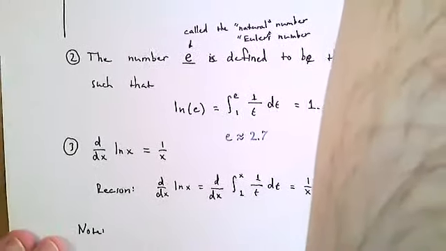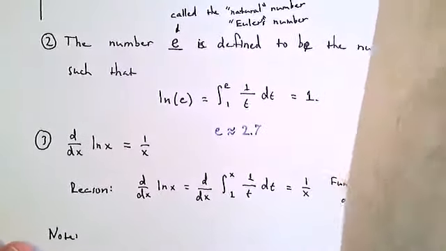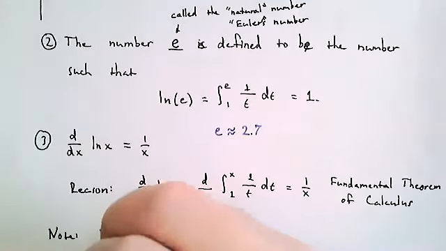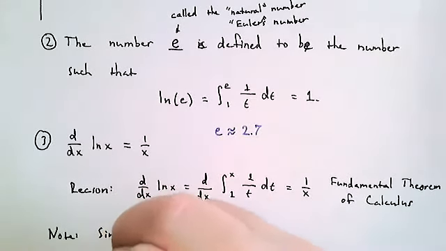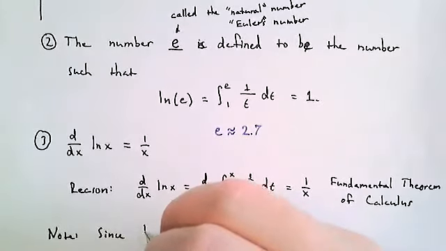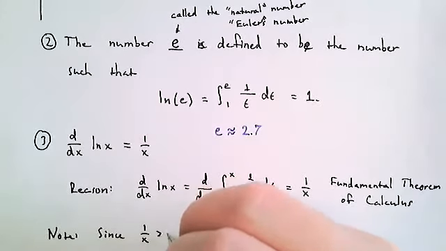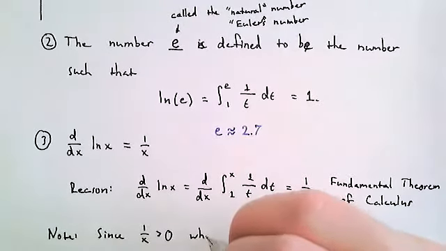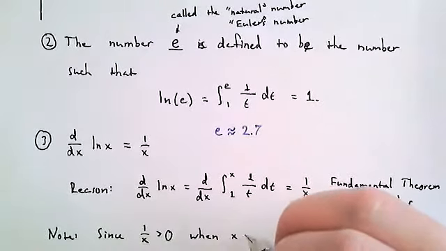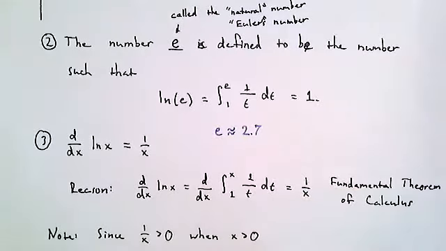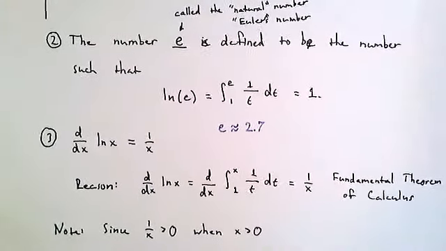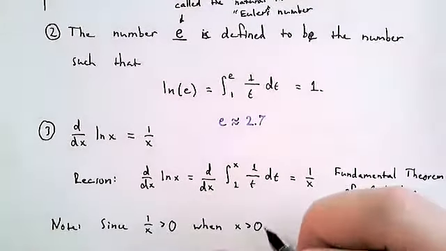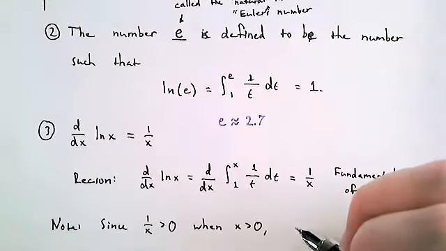So this little bonus property is this. Since what I just said is true, the value of 1 over x is always positive on that half of the graph that we're looking at when x is greater than 0, so the right half of the plane. Since we're adding up these positive areas, that means the natural logarithm is an increasing function.